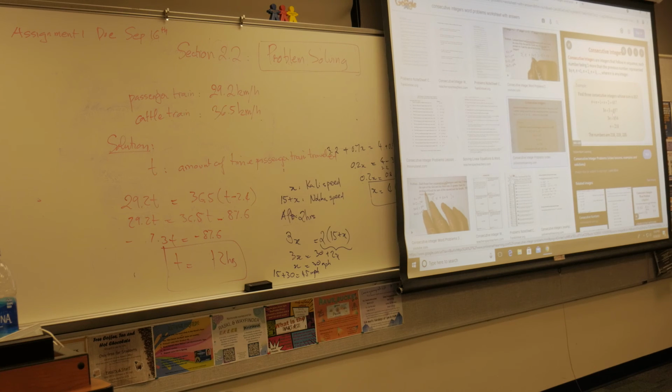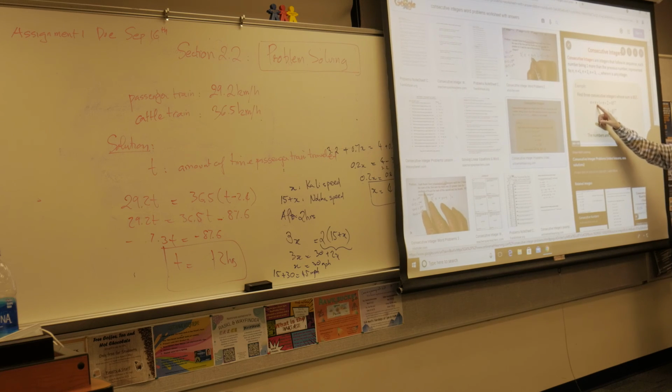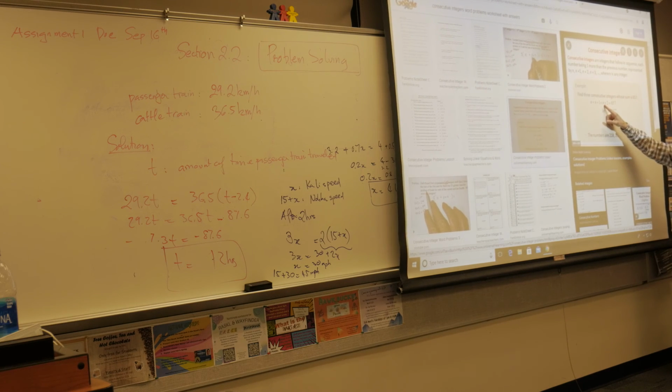Okay. If you name n to represent the first number, then the next consecutive integer must be n plus 1, right? And the next one must be n plus 2. Then they say what? The sum is 657. So we're going to add up n, plus n plus 1, the second consecutive integer, plus n plus 2, the third consecutive integer.